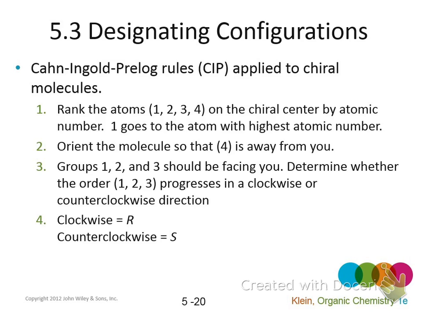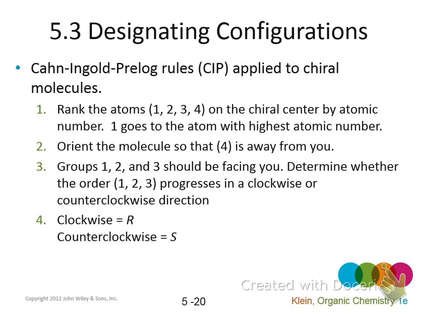Okay, so then what you do is you give the priorities so that 1 goes to the atom with the highest atomic number, and 4 goes to the lowest. And then what you do is you hold the lowest priority away from you. So you have to visually, right, or on paper, switch groups so that the number 4 group is sitting in the back of the plane.